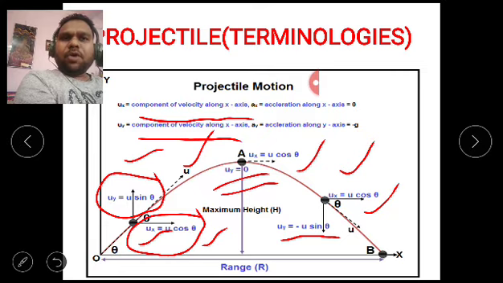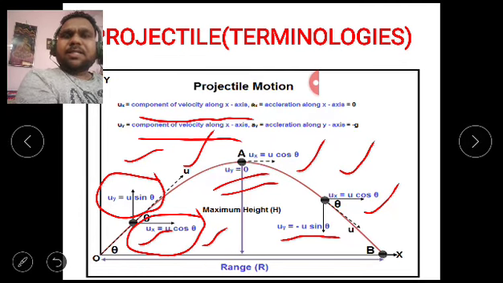Now we will talk about acceleration. How will acceleration act? We know that acceleration due to gravity is the only acceleration that will act on the projectile. There will be no other acceleration except acceleration due to gravity, and it does not occur sideways, it always occurs downwards.